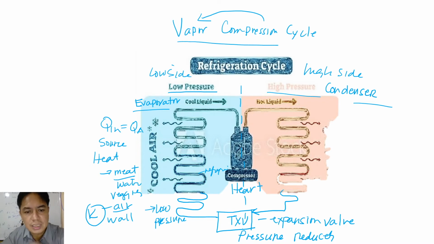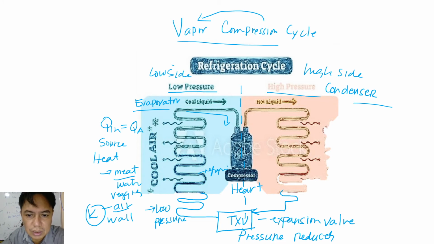So in the process, when heat is absorbed, the refrigerant will be heated up and become vaporized. When the refrigerant is vaporized, it will go to the compressor.